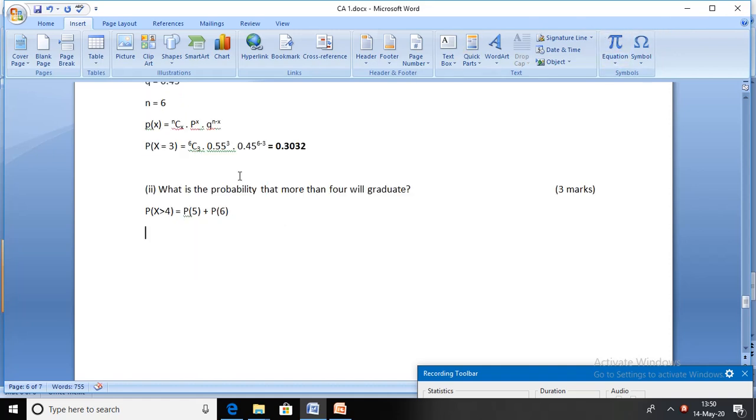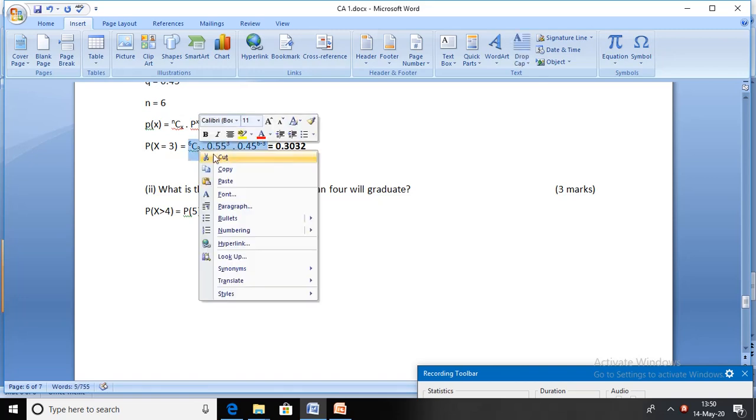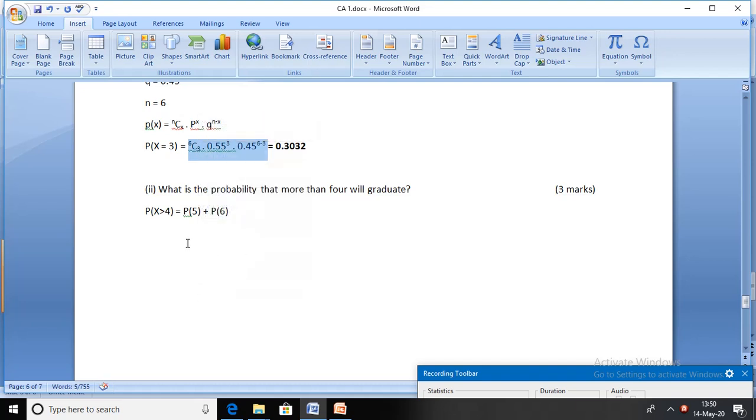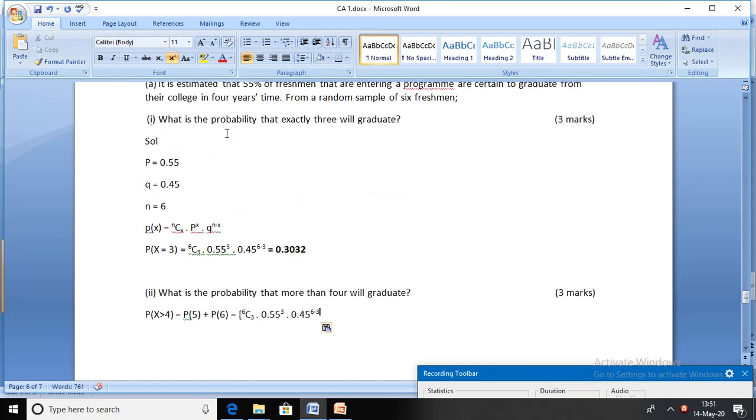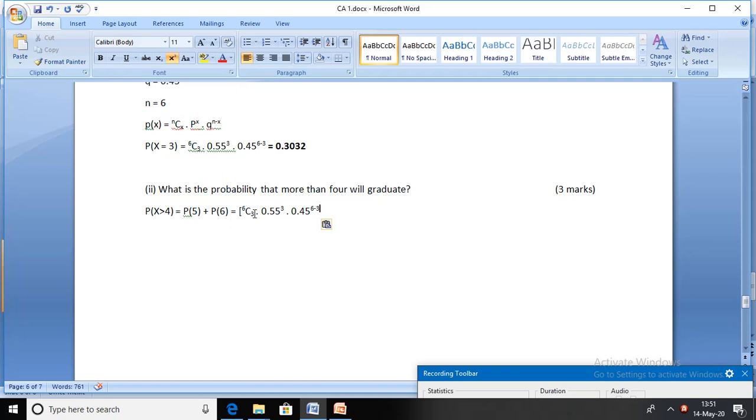So let me borrow what we have already punched here to get the probabilities of 5 and 6. So this is going to be equal to the probability of 5. The sample size here is 6, but x is 5.